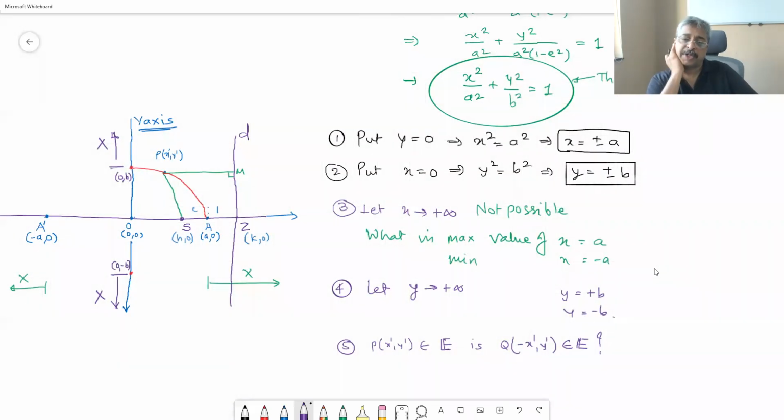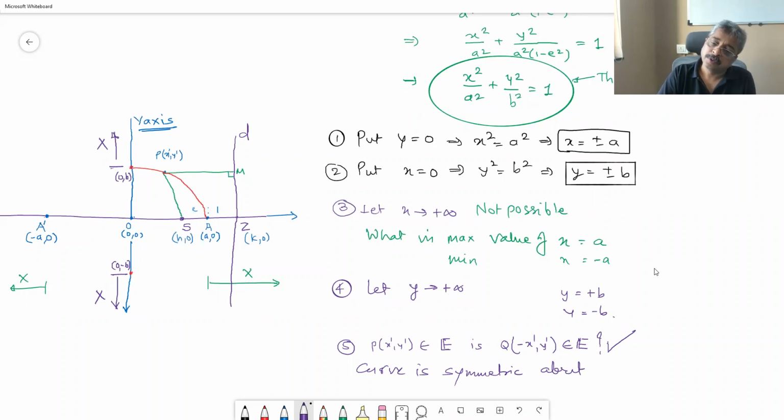If we put minus x' and y', we will get the same equation. Okay, so yes, if you put minus x instead of x, you belong to the curve. The curve is symmetric about the y-axis.